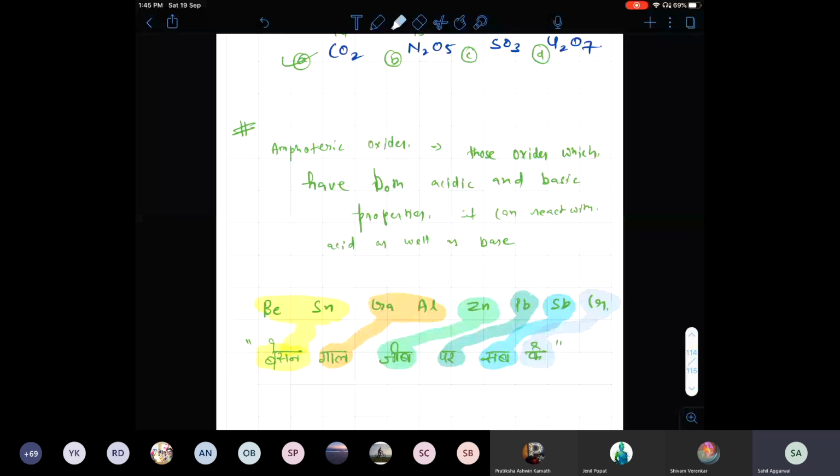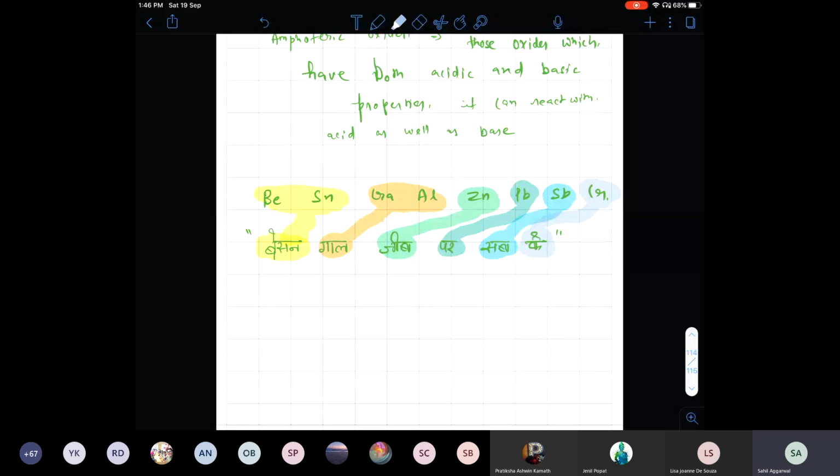Very good, Sanjana. It's just for remembering these elements. Very good. So what is after Pb? Sb on all. Okay, sir. Thank you. Besan, gal, jeebh, par, sab ke.